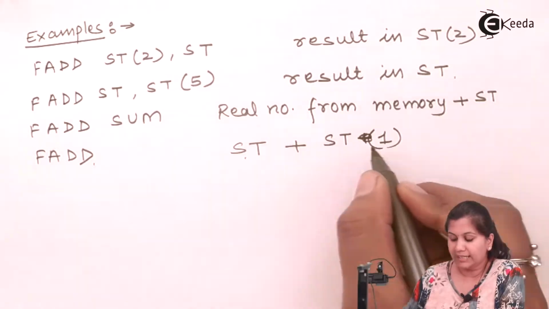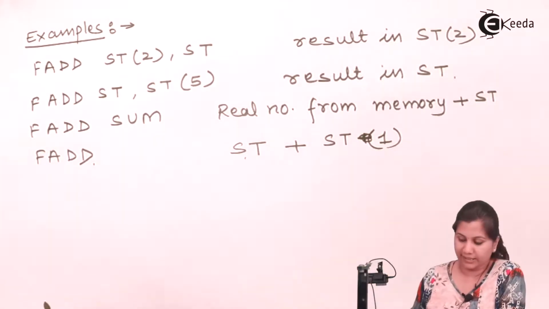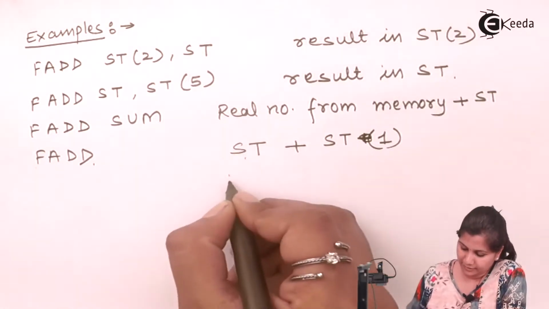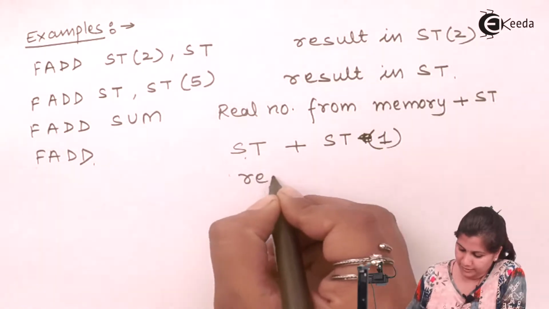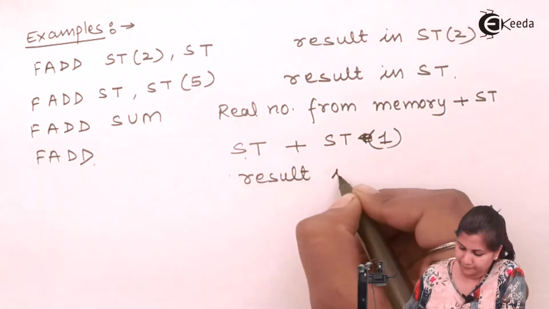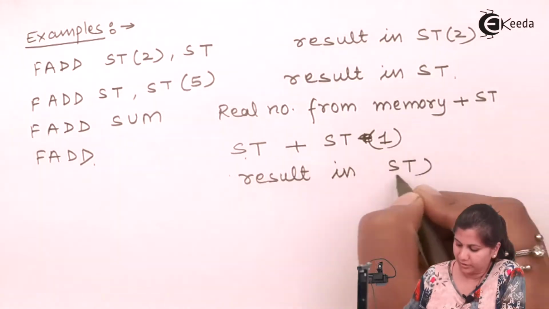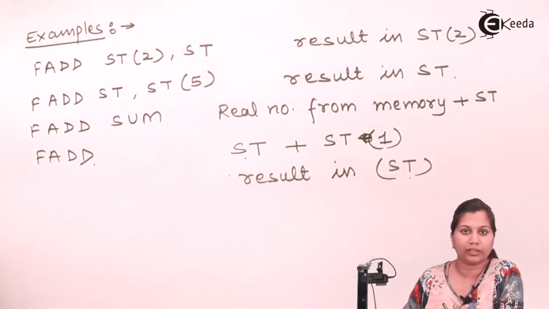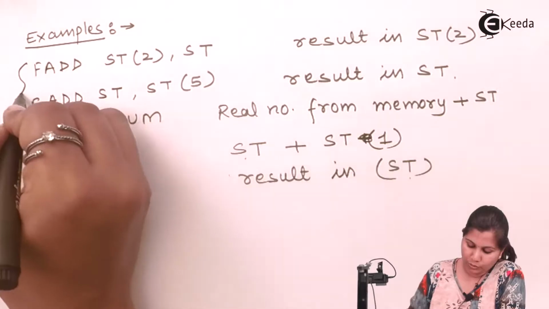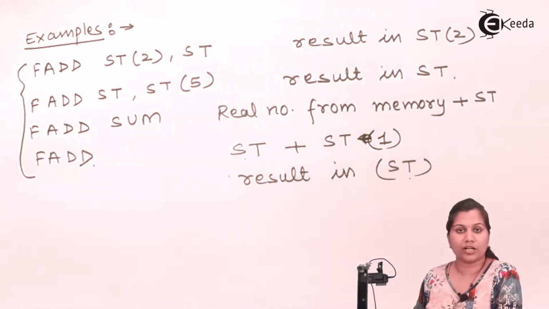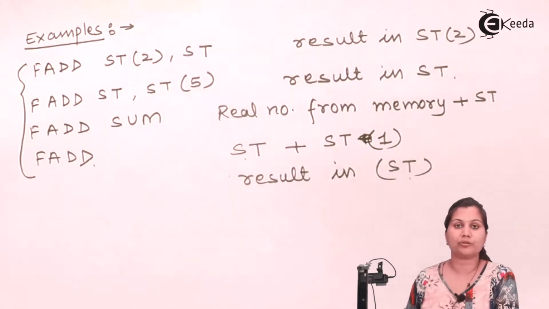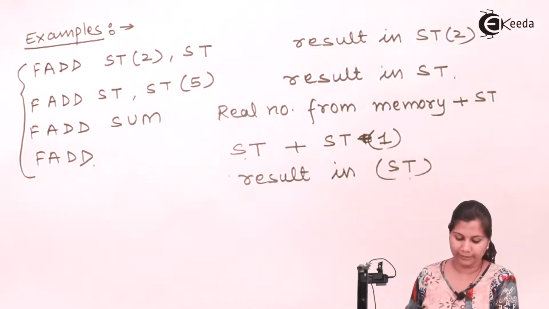So ST and ST1, both these registers are added and the result is then stored in ST. Okay. So these are a few examples of this instruction FADD, which performs the simple addition of two numbers.